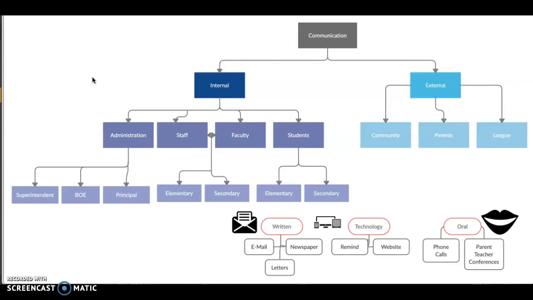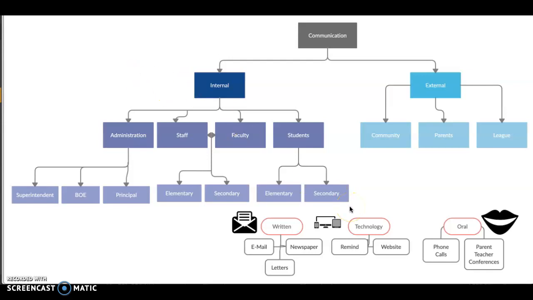We give written notifications to our newspapers of changes that are happening. We also consider writing letters to our patrons, specifically parents, when something comes up that they need to be aware of. At the elementary school, they do send out a monthly newsletter, and that is something that's really effective.